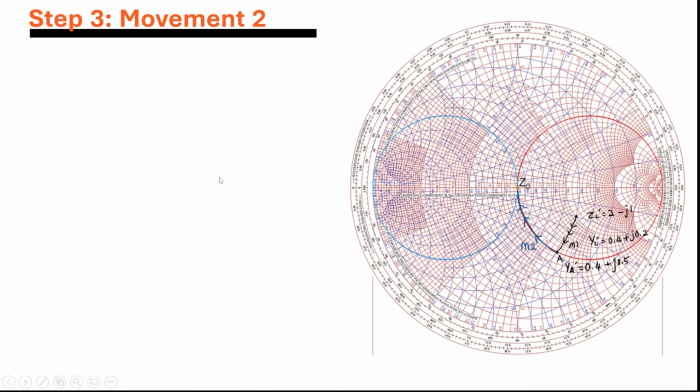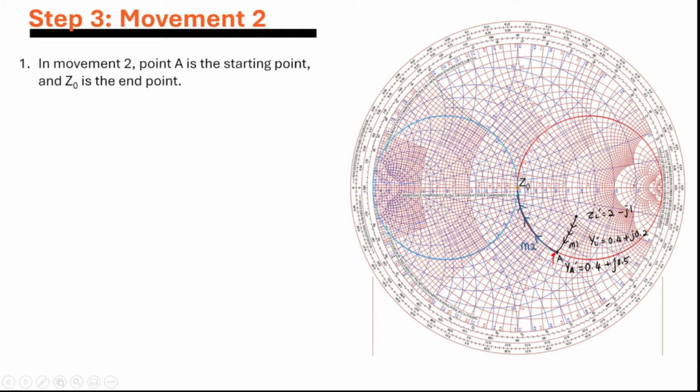Alright, now let's move on to movement 2. In movement 2, point A is the starting point and Z0 is the end point. So we are moving from this point here up to the center here.